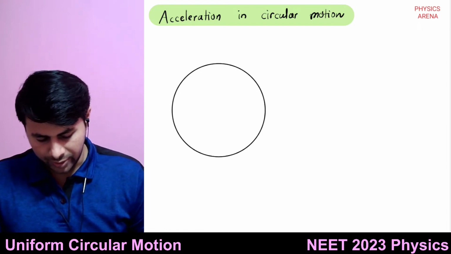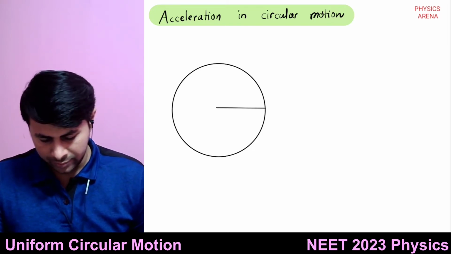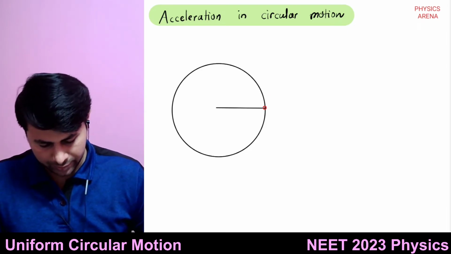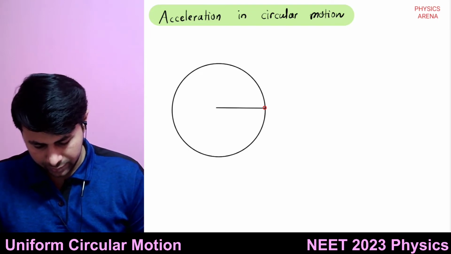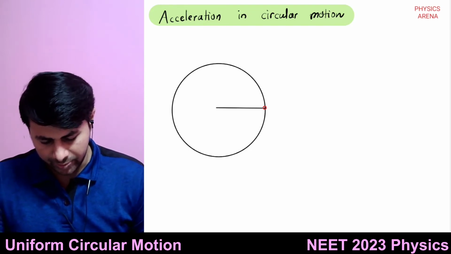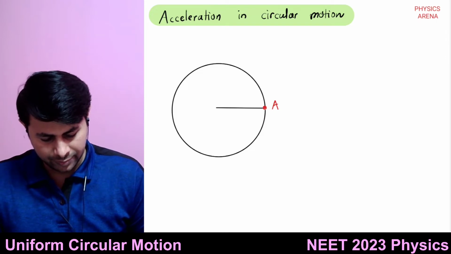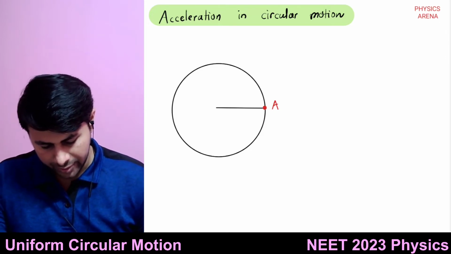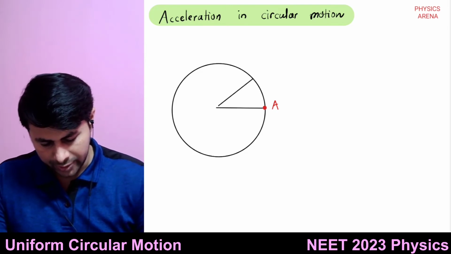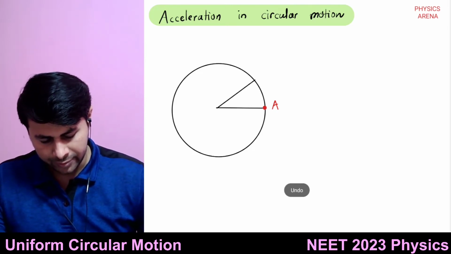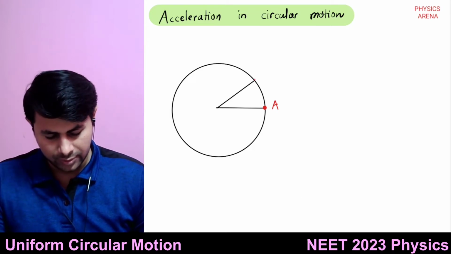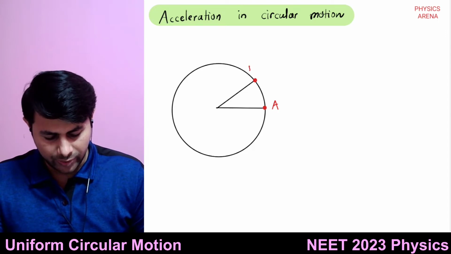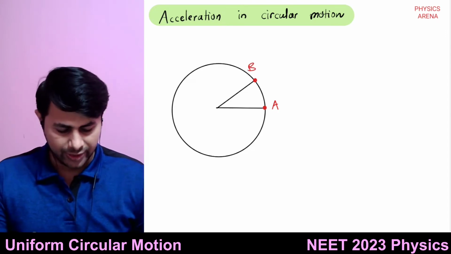So we have this object performing uniform circular motion. Initially it is at this point A, then in some time it moves to the point B. What will be the direction of velocity of this object at A and at B?